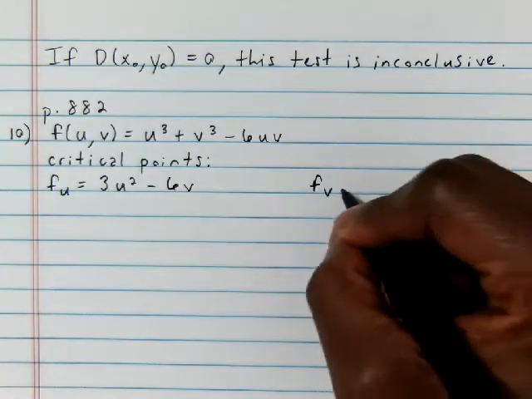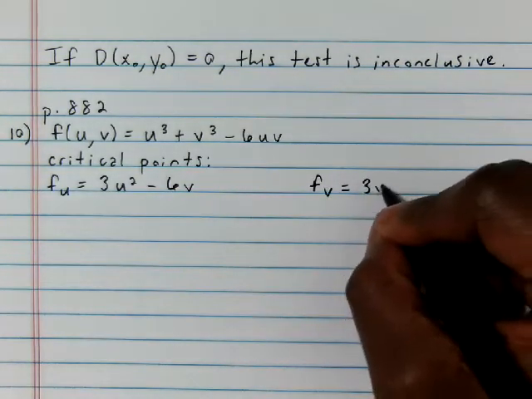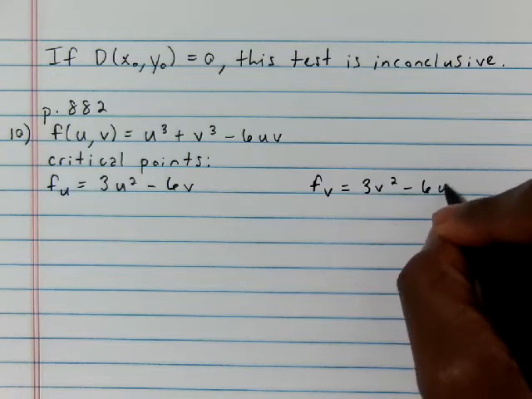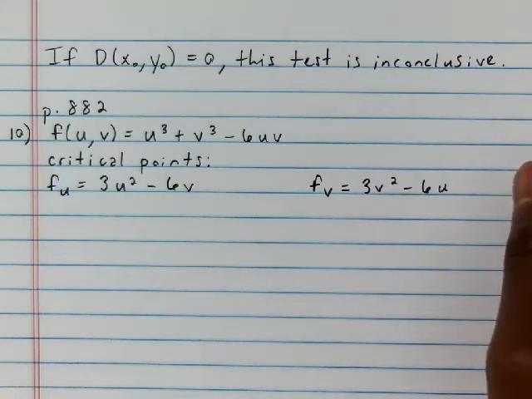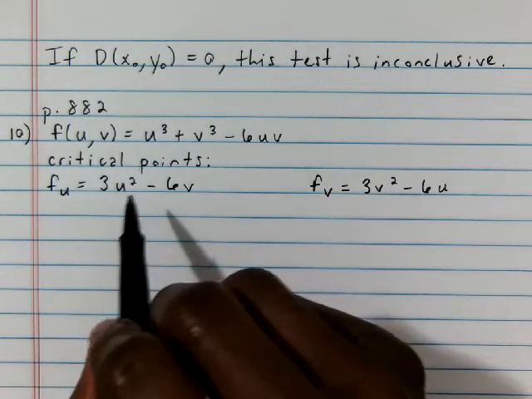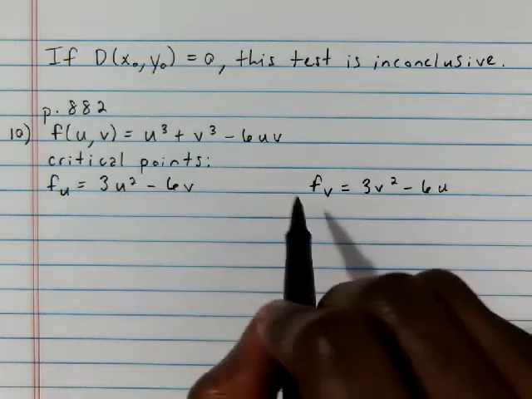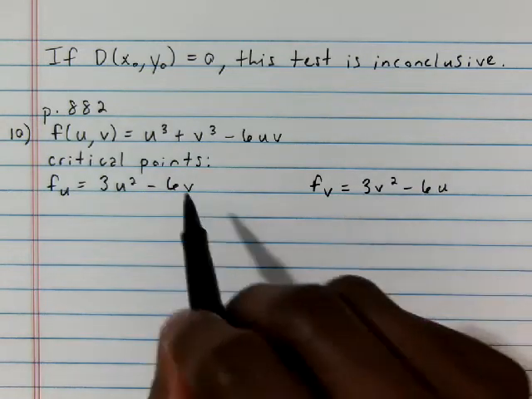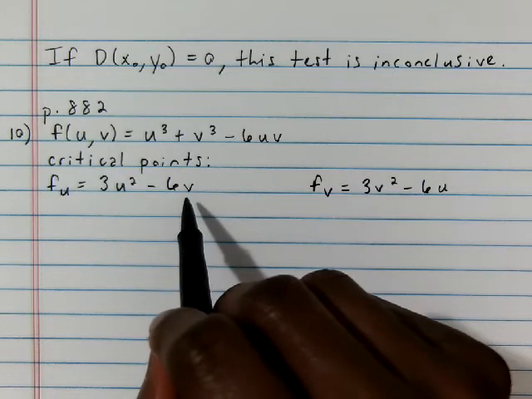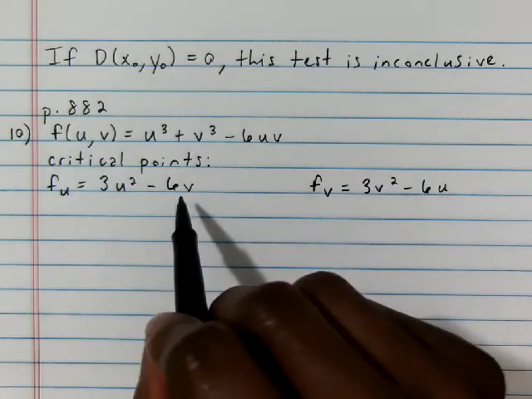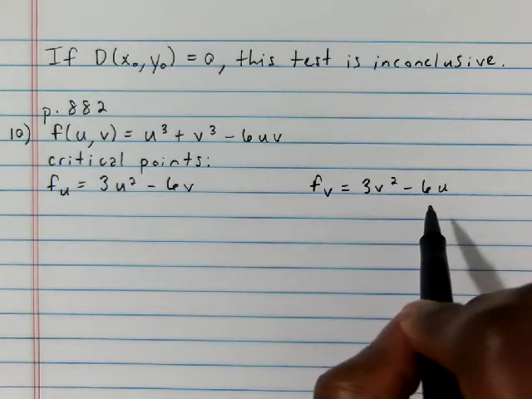Then f sub v is 3v squared minus 6u. Now, critical points occur when both of these are equal to 0. So if you find values u and v that make this 0, but they don't make that 0, it doesn't satisfy being a critical point.